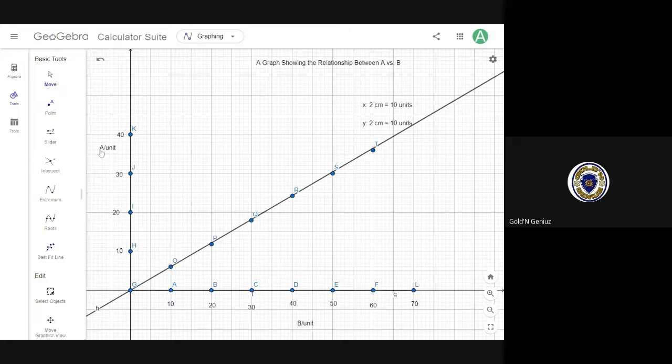You put your quantity slash the unit in which that quantity is measured. So if A was length, it would be length slash meter. If T was time, it would be time slash second. Good.